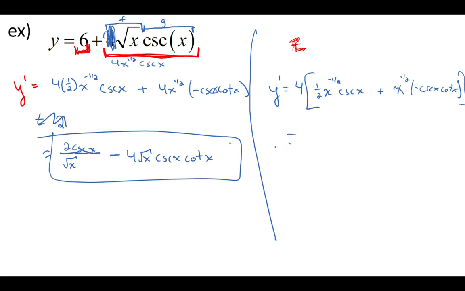And then you just multiply the 4 through at the end. So then you just distribute the 4. So 4 times a half then becomes 2 cosecant x over square root of x. And then 4 times that plus 4 square root of x. So this becomes minus cosecant. So either way you want to do that, if you want to pull the 4 out in front, or if you want to just sort of keep it with that first function, choose however you prefer and go from there.